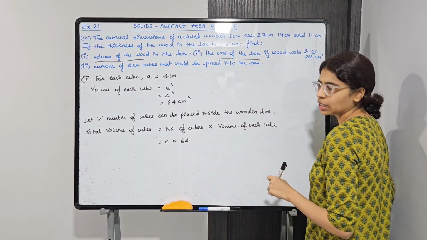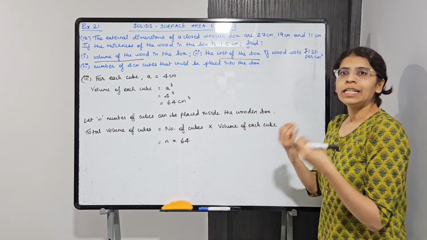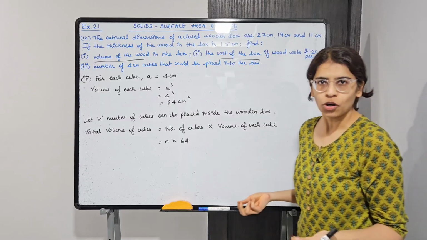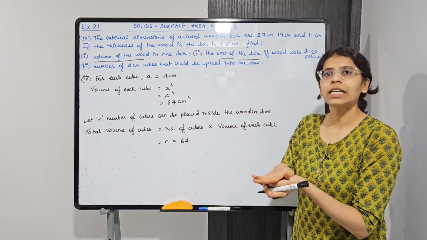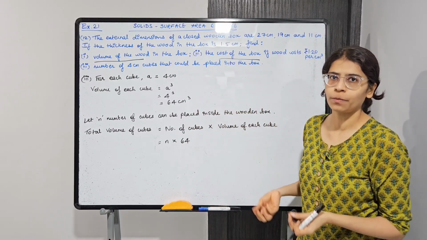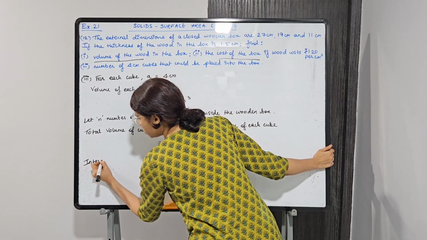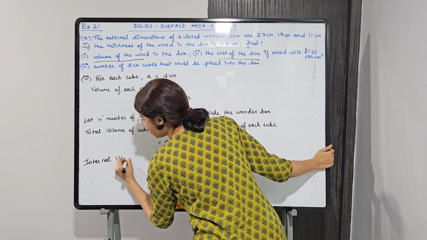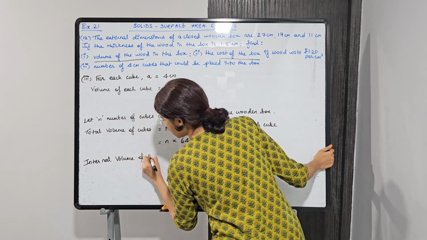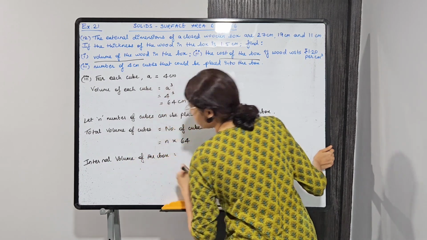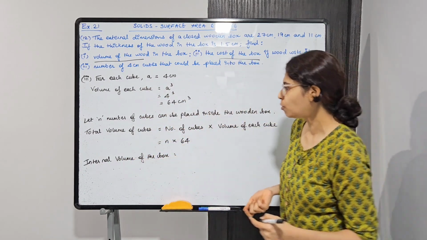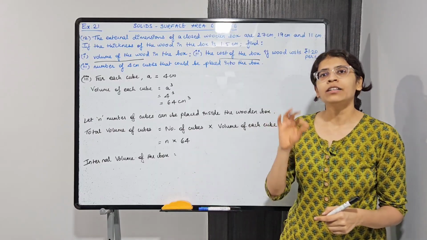Okay, this will be equal to the internal volume of the wooden box because we are placing it inside the box. Internal volume occupy कर रहा है. So internal volume of the box we had already found, right? Internal volume of the box we had already found, but don't put the value.